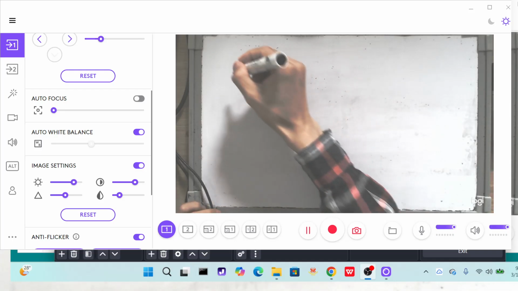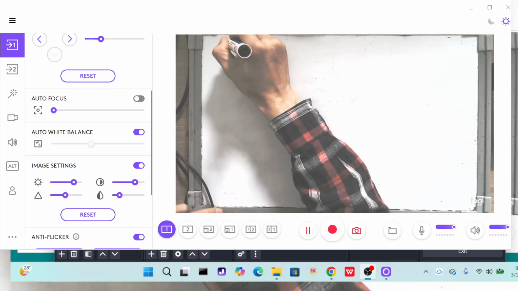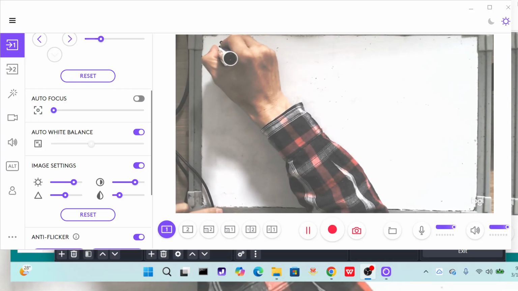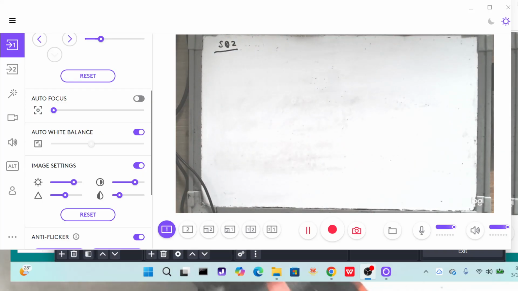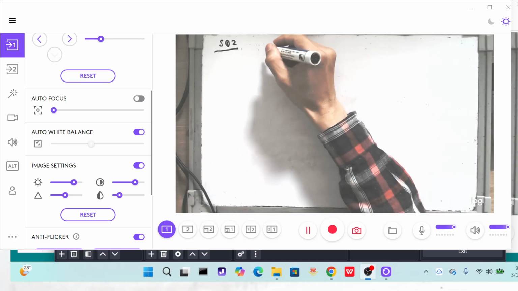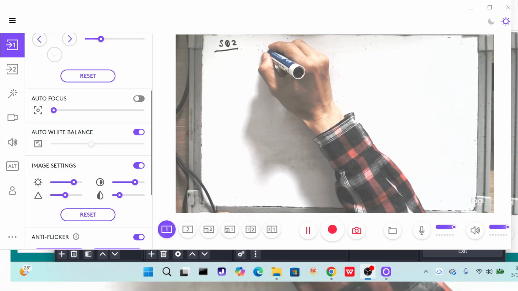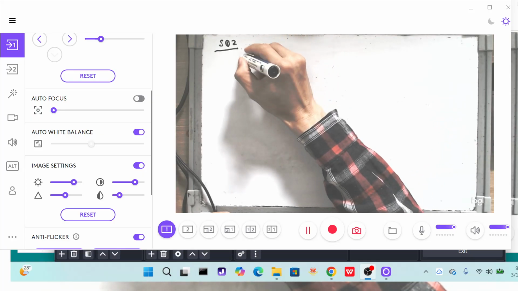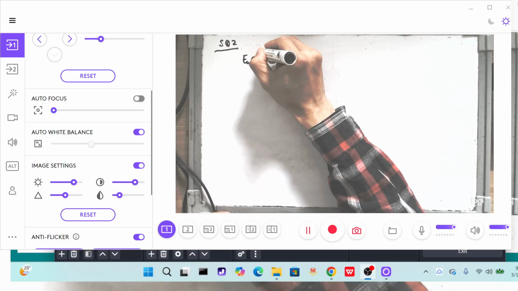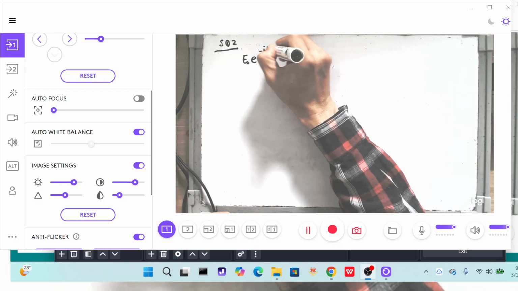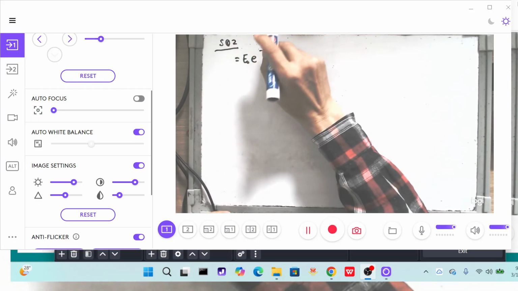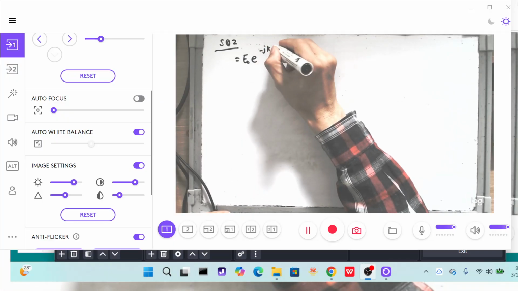Before moving forward, let's learn something. We know an antenna will radiate an electric field, and the electric field is usually given as, for example, E naught, and then e to the power j k R. R is easier to understand.